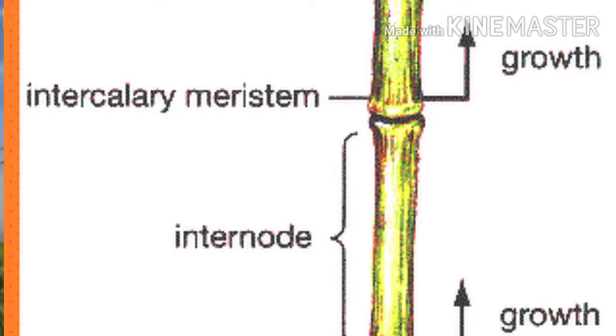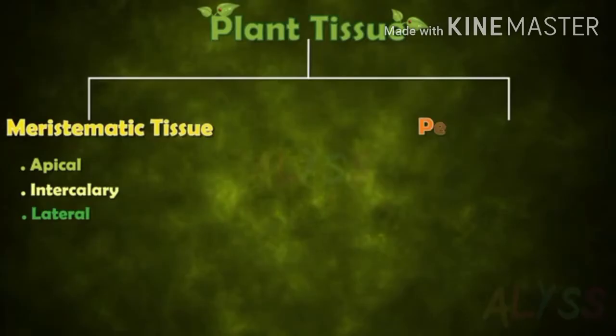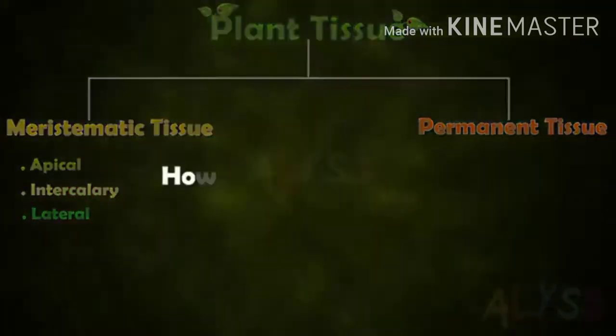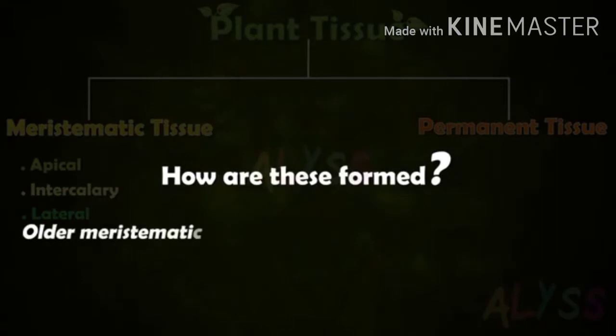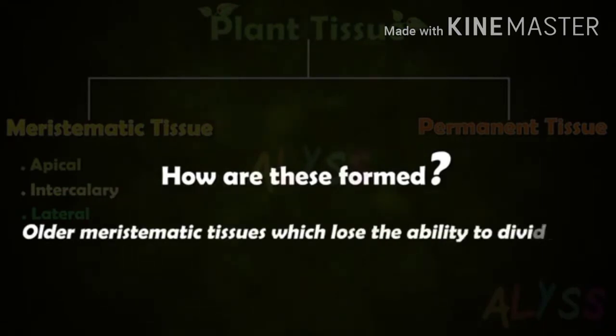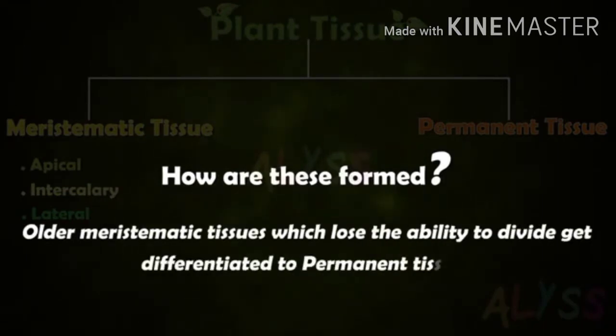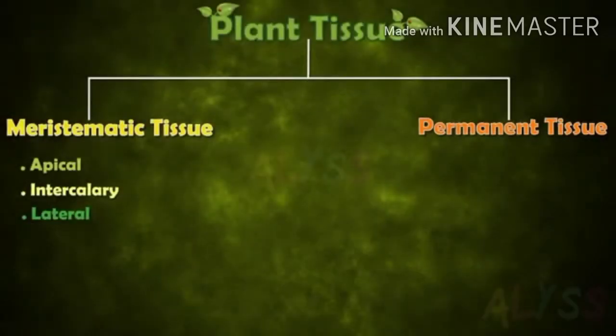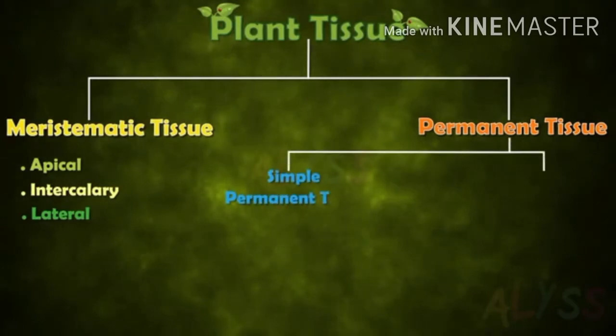Intercalary meristems. They are located at the base of the internode. In fact, this is the remains of the apical meristems, which is divided by the incoming of permanent tissues in the center.